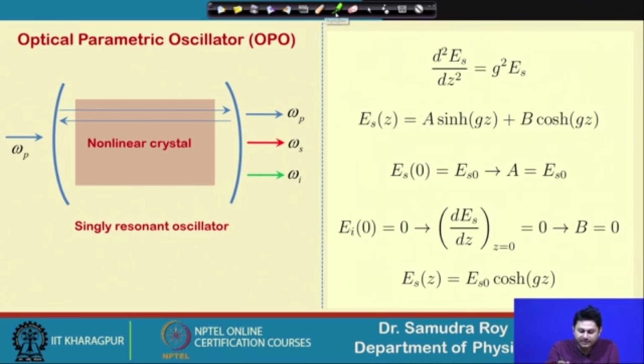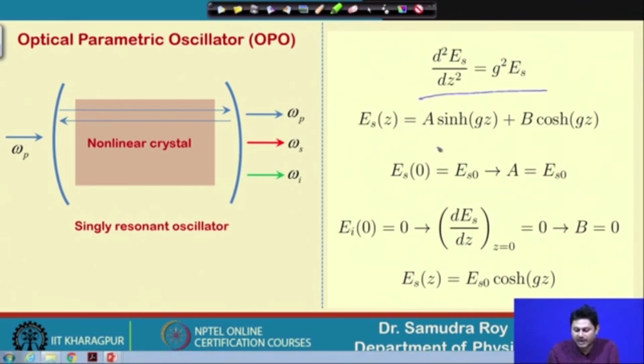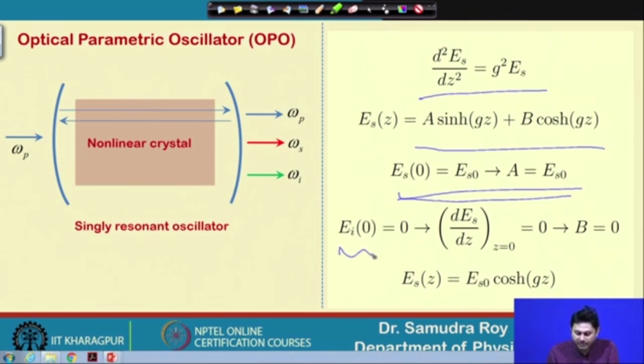So, when we have this expression in our hand, we will have a solution like a combination of cosh and sinh. Once we have the solution of cosh and sinh, the next thing is to put in the boundary conditions to find out what is going on. The first boundary condition suggests that A should be E_s(0), because E_s at 0 is not zero, as we have something here to start with. So, some amount of omega s is here, and it is going to be generated from quantum noise.